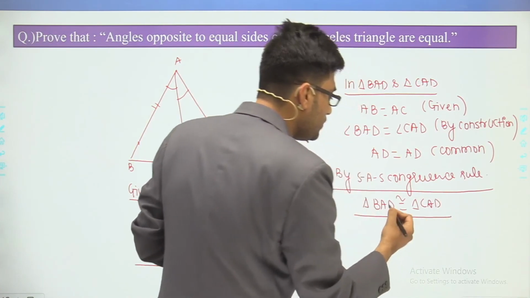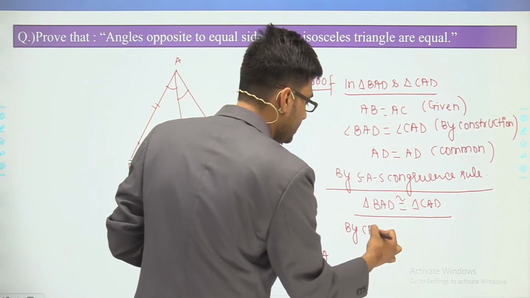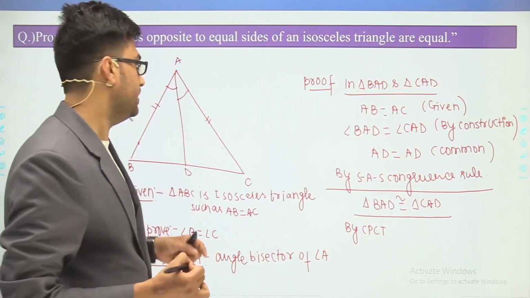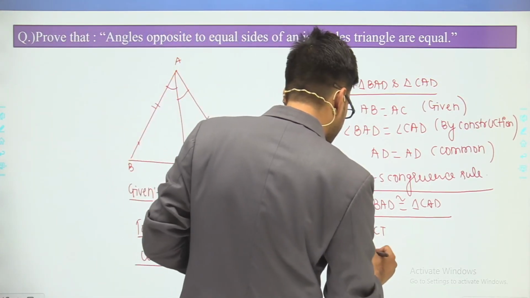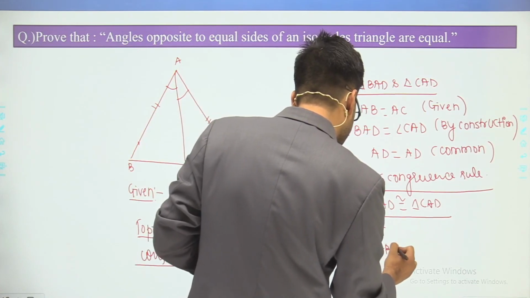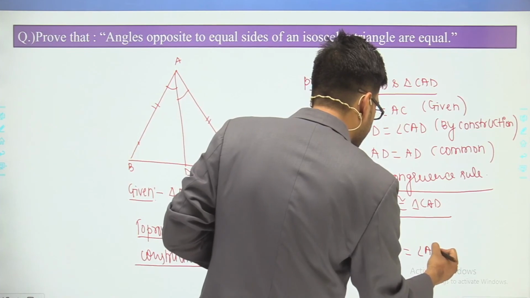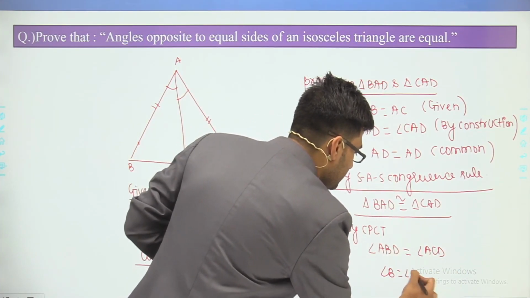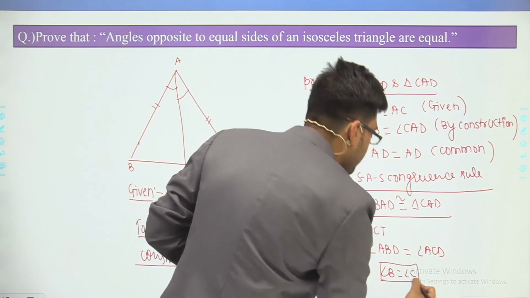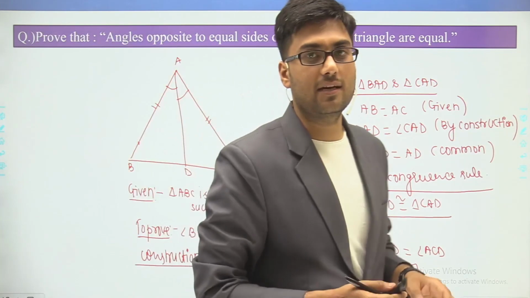So if these two triangles are congruent, then by CPCT, we can say that angle ABD is equals to angle ACD, and these are nothing but angle B and angle C. So students, we prove that in isosceles triangles, angles opposite to two equal sides are equal.